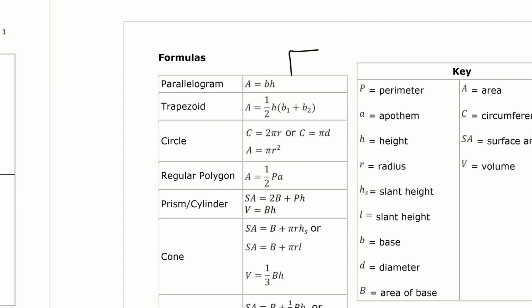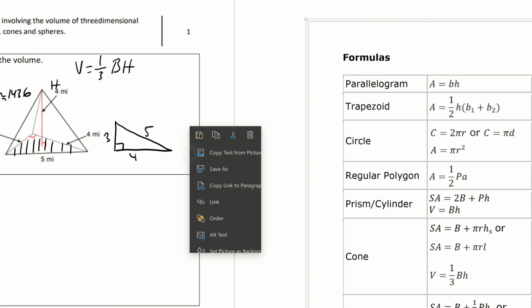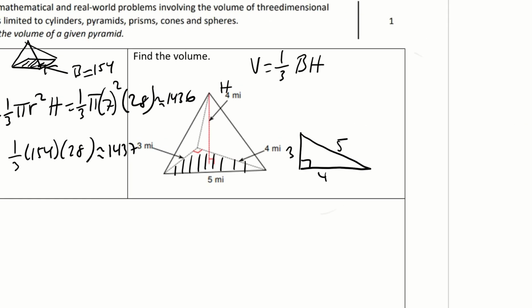So if they give it to you for a parallelogram, then you know that's the same thing as a rectangle. That's the area of a rectangle. And you just realize that there's 2 triangles that fit in a rectangle. So a triangle is simply going to be half of the area of a rectangle, okay? So in other words, the area of a triangle is 1/2 base times height, okay? So remember that or you're going to have trouble.